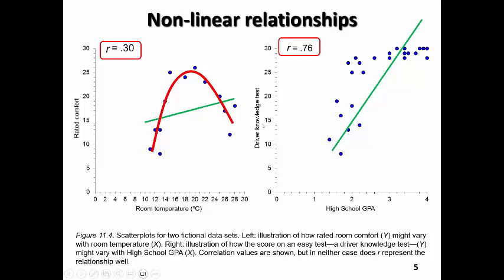The results on a driver knowledge test also increase, but the blue dots appear to plateau past a certain high school GPA, in that individuals that score higher on a GPA don't necessarily score that much higher on a driver knowledge test. So in a situation like this, once again, as on the left-hand side, a nonlinear function would be a better approximation of the relationship between high school GPA and driver knowledge test than a straight line.